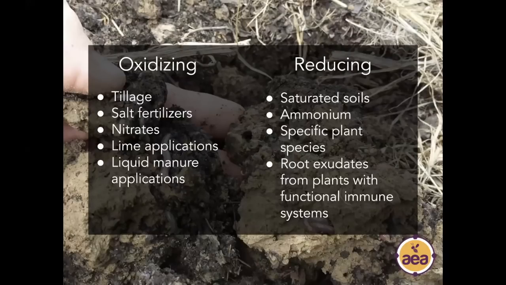So you think about the chemistry formula for carbon dioxide, it's C plus 2 oxygens. That oxygen component gives reference to the oxidation process. Similarly, salt fertilizers have a very strong oxidizing effect, which is how they have a damaging impact on soil biology.